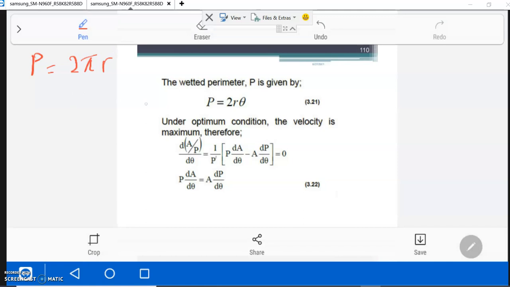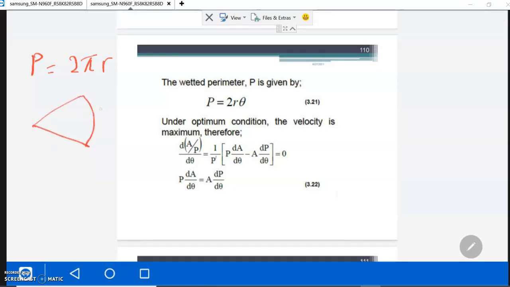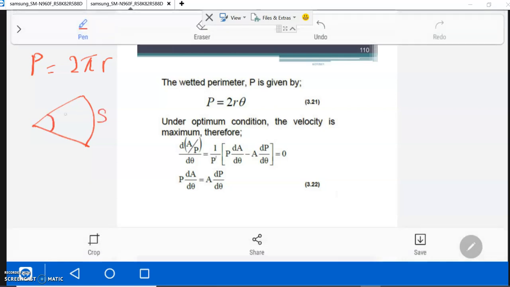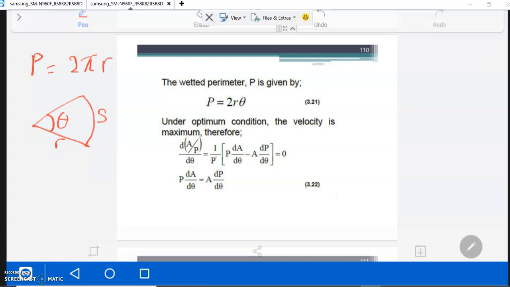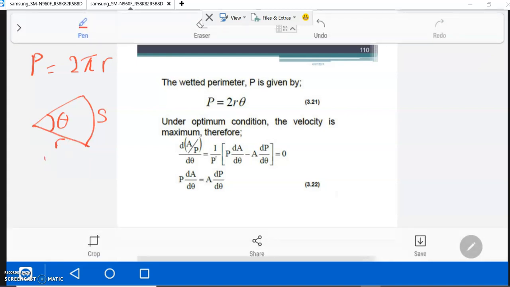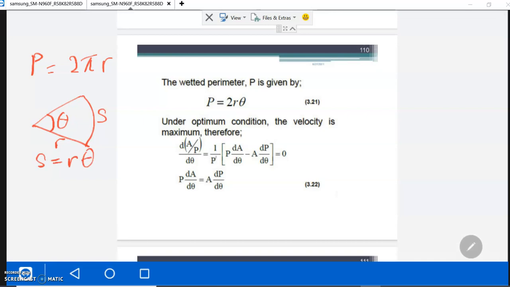So if we want to determine the perimeter for the sector theta, okay, we need to determine this. Let's say we symbol it as S, and then this is theta, and then this is your R. Therefore, S is R times theta.